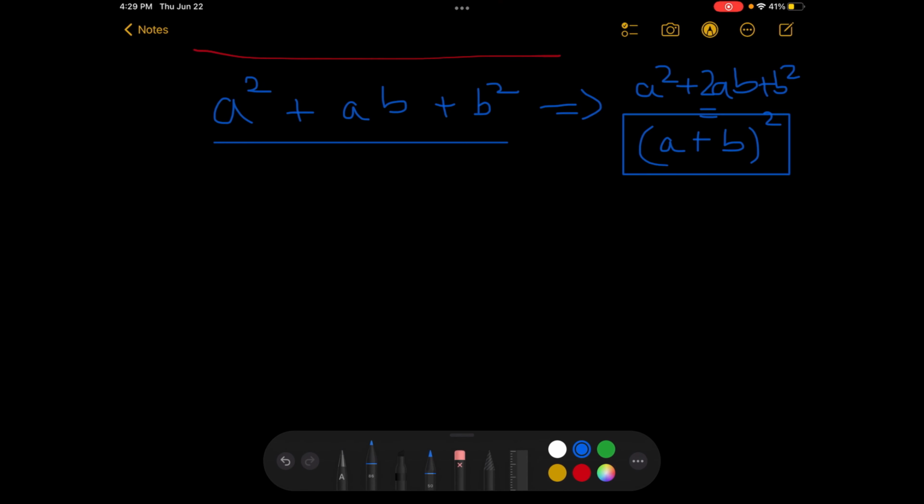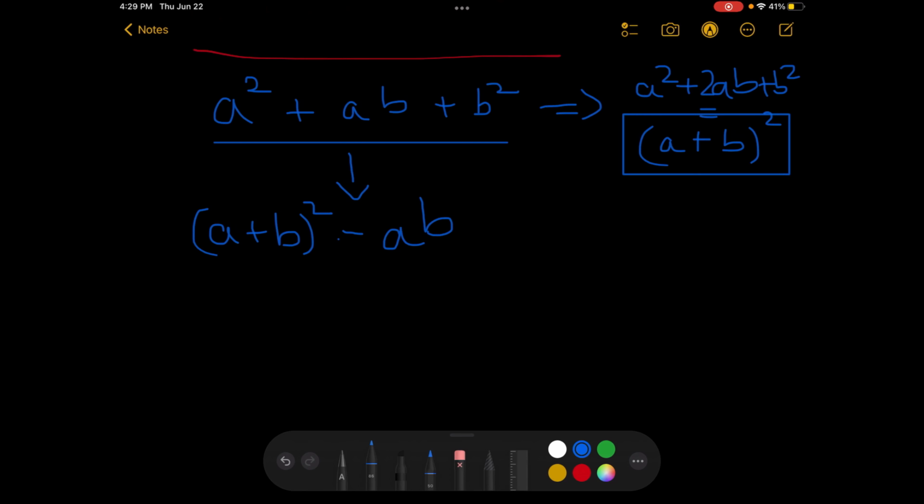So we can write A squared plus AB plus B squared as A plus B all squared minus AB, because we have one AB over here instead of 2.